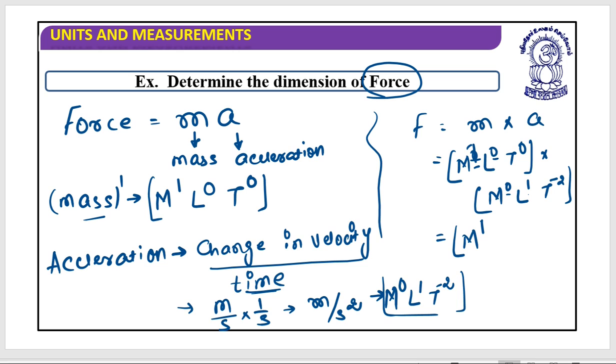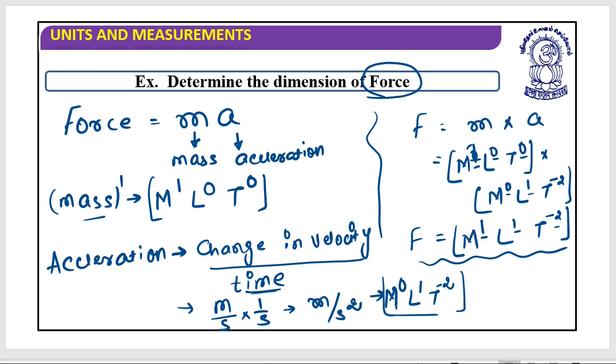Here it is 0, here it is 1, so 0 plus 1 is 1. Here it is 0, here it is minus 2. So this is m1 l1 t minus 2. This is force, and this represents the dimensions of force. The dimensions are 1, 1, minus 2, and if we ask for the dimensional formula, it would be m1 l1 t minus 2.